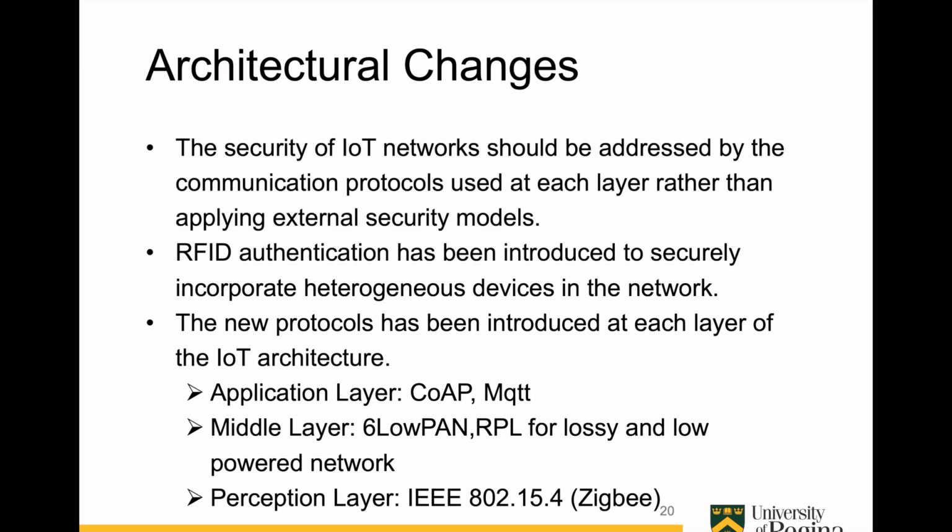At the middle layer, two more protocols have been introduced, 6LoWPAN and RPL, for lossy and low power networks, which have special capabilities useful for devices which have constrained resources, which is very useful in IoT applications. And at the perception layer, the standard IEEE 802.15.4 is used in many implementations like Zigbee and Thread.